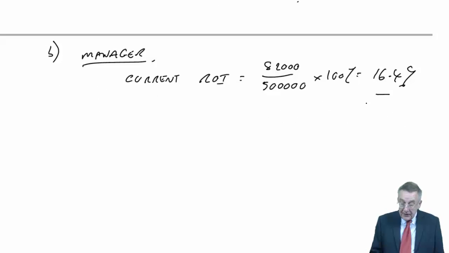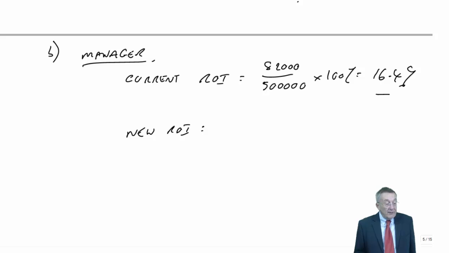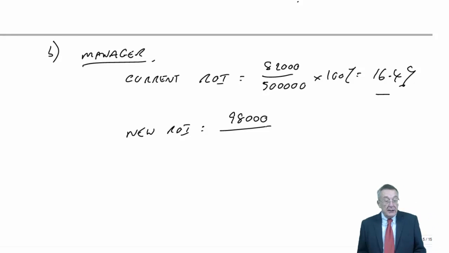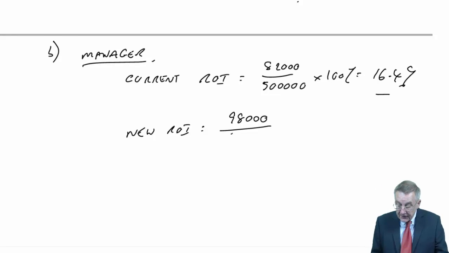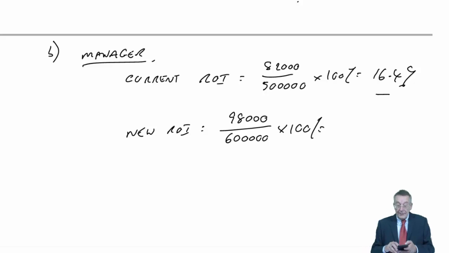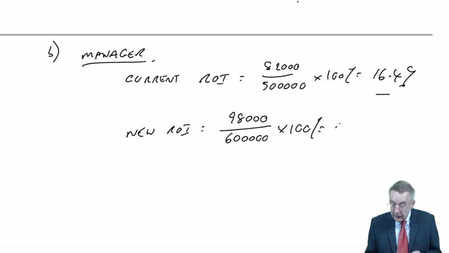And so what will happen to the return on investment if he takes this investment? If he invests in this new project? This time profit goes up by 16,000, so it goes to 98. The capital invested was 500,000, will go up by 100 to 600,000. And so 98 divided by 600, return on investment goes to 16.3%.